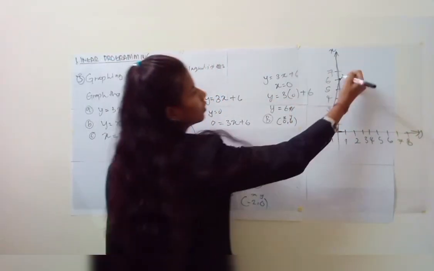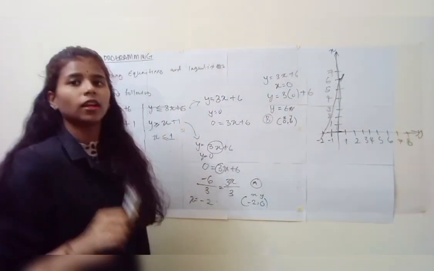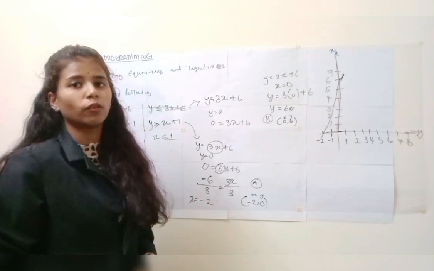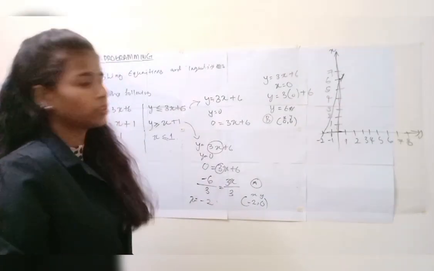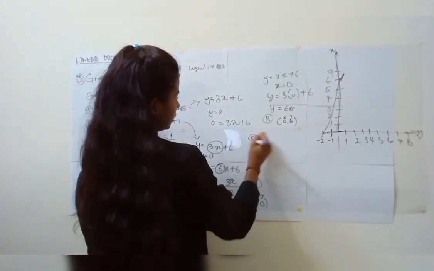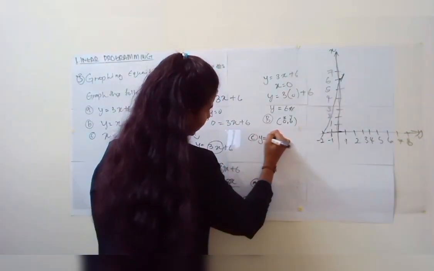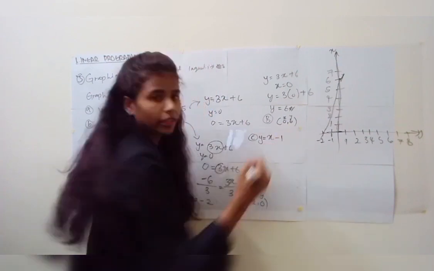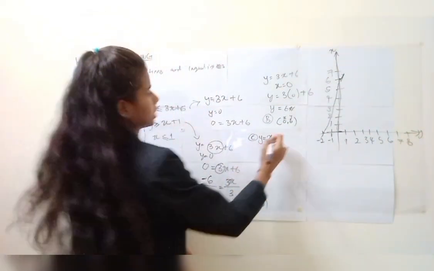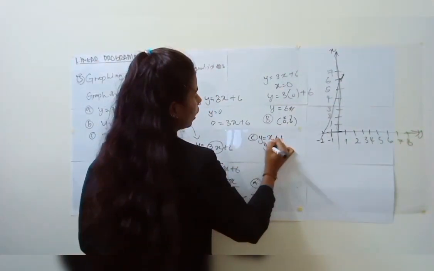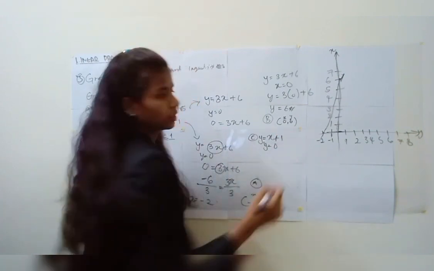And then now we search the answer for C and D. This is C. y is equals to x plus 1, and then y is equals to 0.